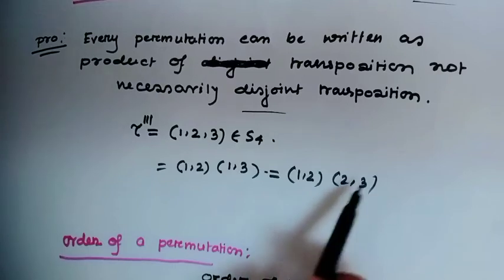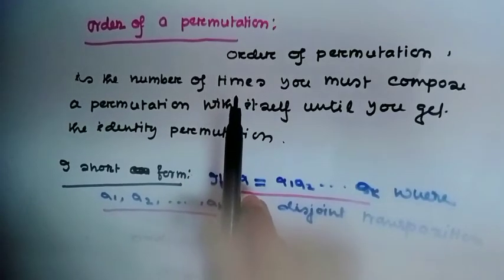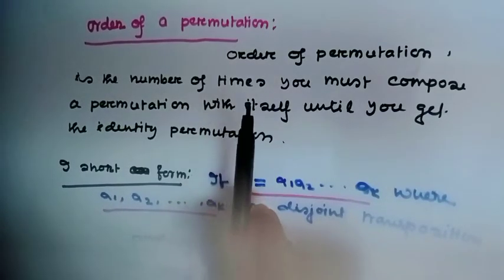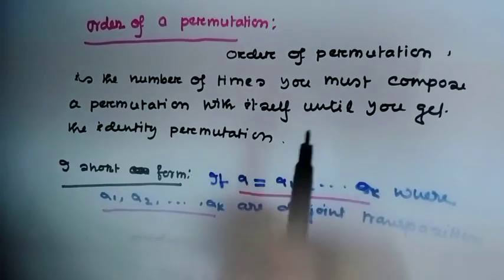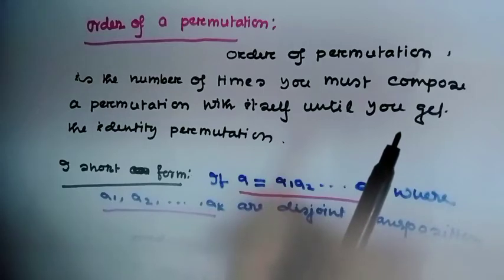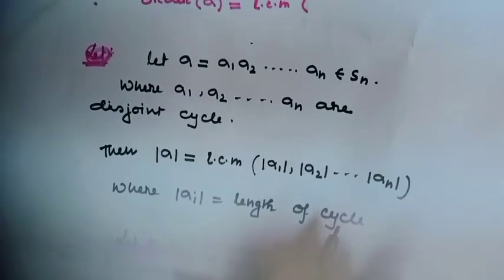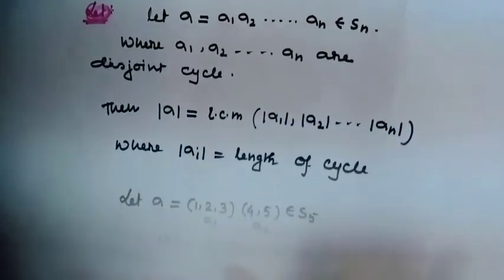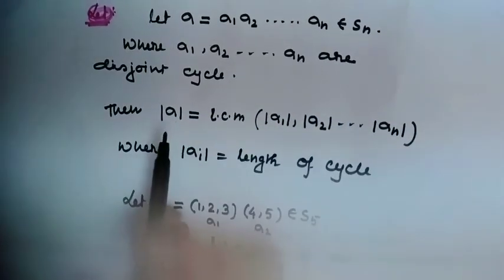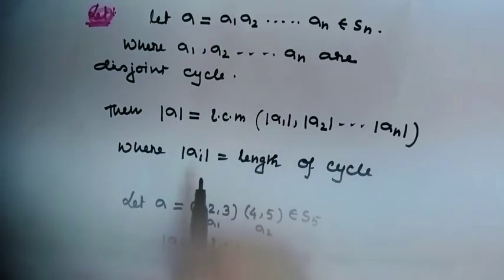Okay? Well, now look, order of permutation. Order of permutation is the number of times you must compose a permutation with itself until you get the identity permutation. This is the order of permutation. But as a shortcut, if sigma 1, sigma 2, up to sigma n are disjoint cycles, then order of sigma equals LCM of sigma 1, sigma 2, up to sigma n, where sigma i equals the length of the cycle.